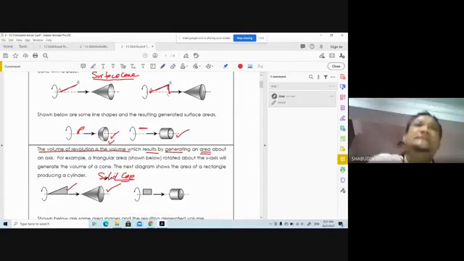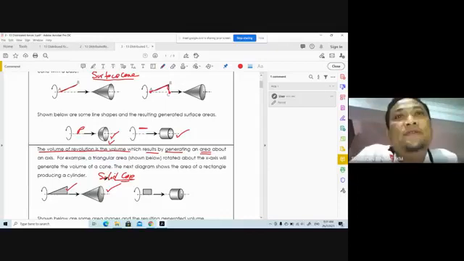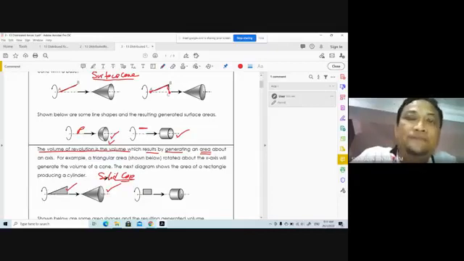If you rotate a rectangular area, you will get a cylinder. It can take half a minute or 10 seconds to do this in AutoCAD.